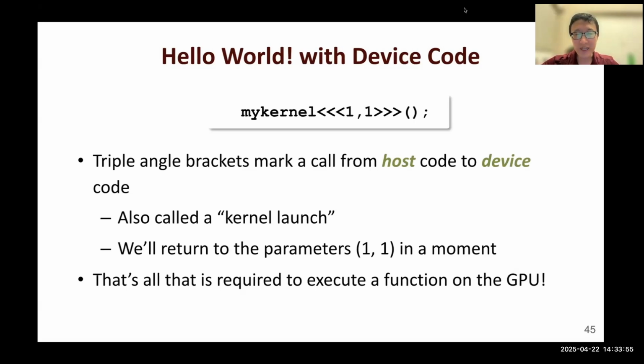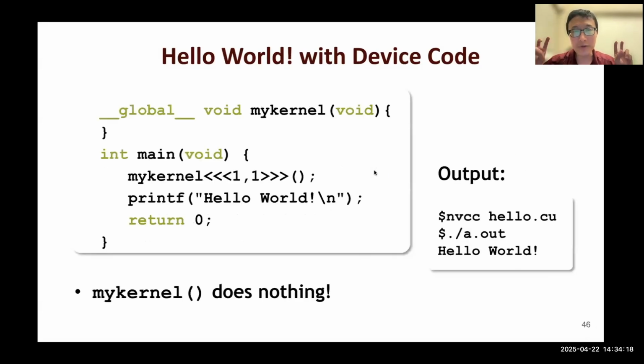So this is all we need to run a function on the GPU, just as simple as that. You define a function and declare it with double underscore global double underscore, and then you define a configuration. The configuration tells the host code how to launch your kernel and how many threads you want to run. Those are the two major components that get your first non-trivial code working.